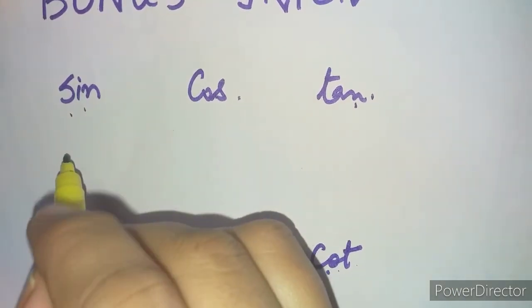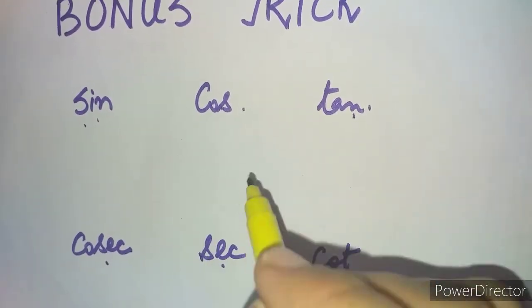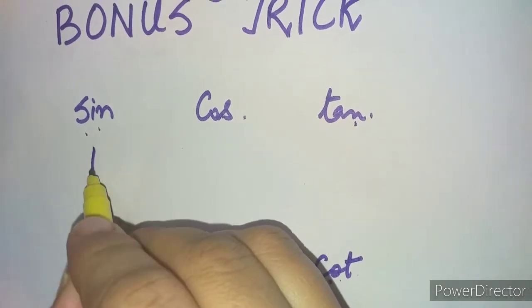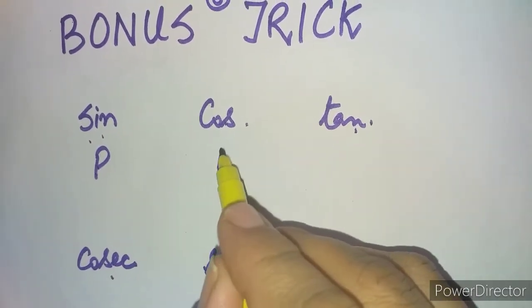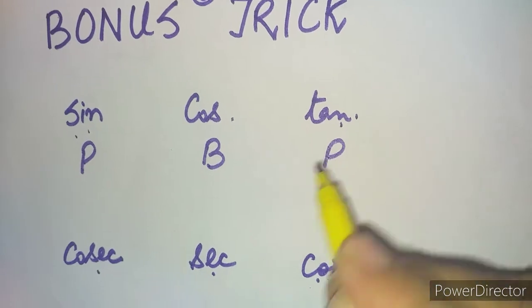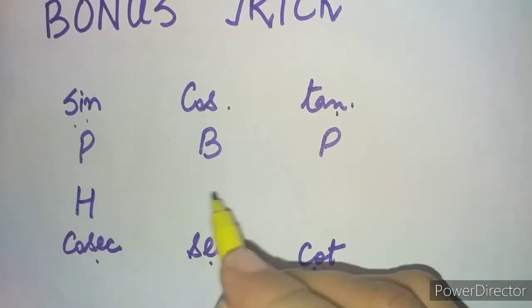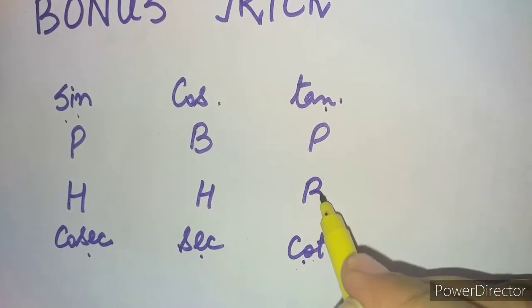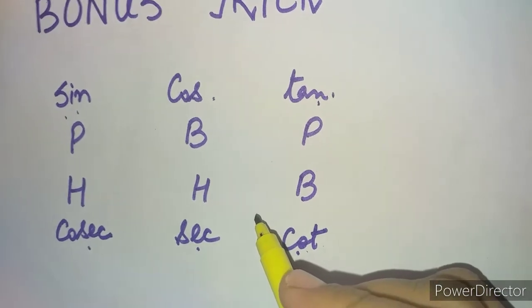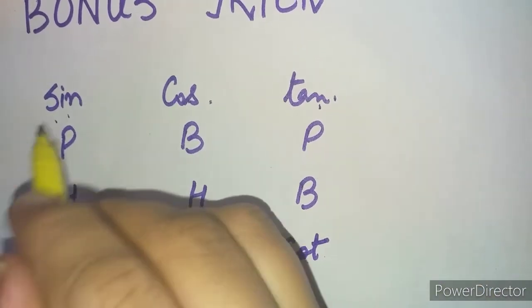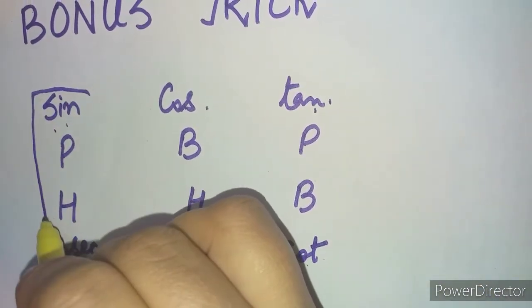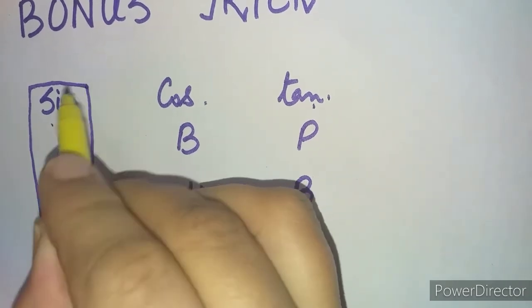Okay, now I will write below this some alphabets like this. Now this will give you, if I find this only, sine.